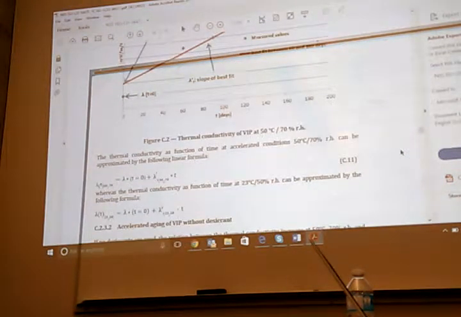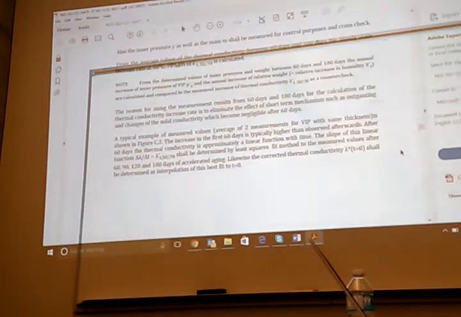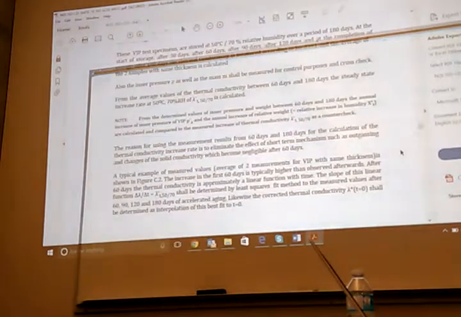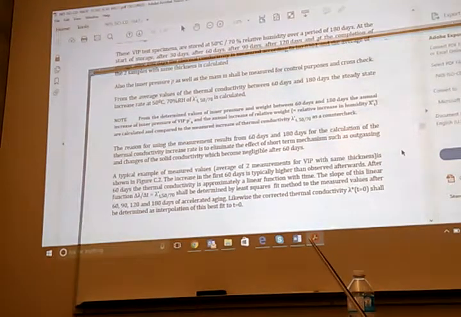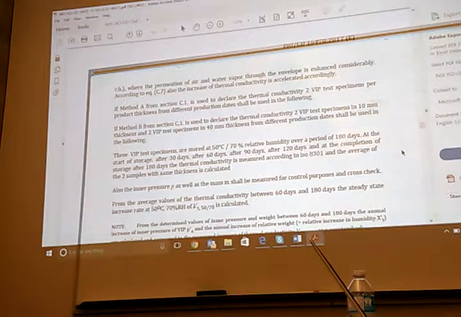So method A and method B, we struck those. I don't know if we have to rewrite those or we just delete those. Yeah, the second one, if method A from section 1 and method B from section C1.